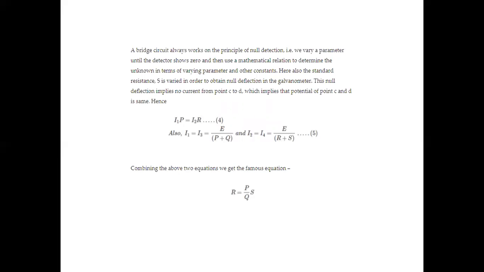A bridge circuit always works on the principle of null deflection, that is null detection. We vary a parameter until the detector shows zero, and then use a mathematical relation to determine the unknown resistance in terms of known resistances. Here also the standard resistance S is varied in order to obtain null deflection in the galvanometer.